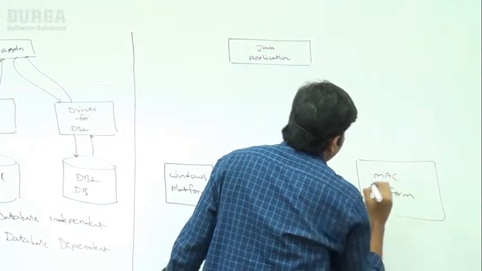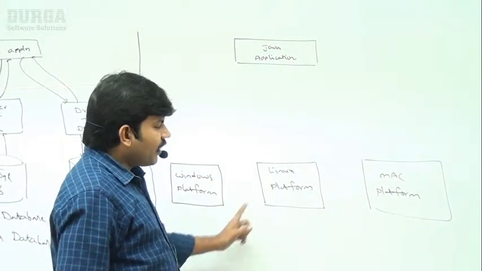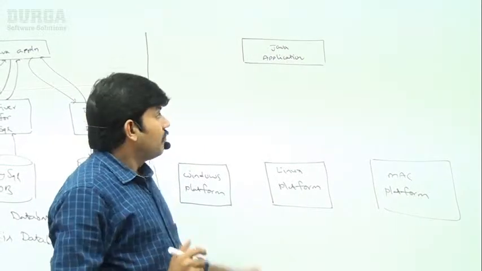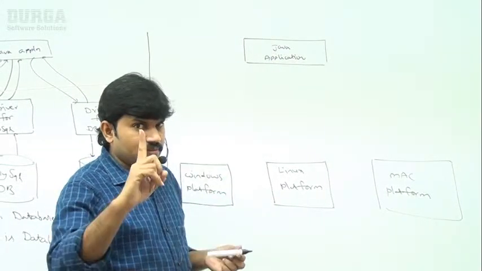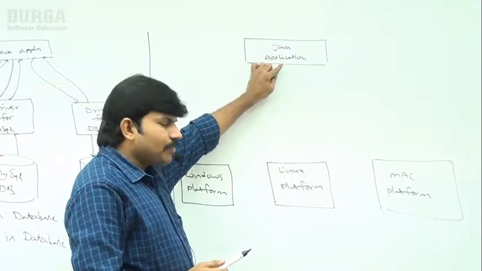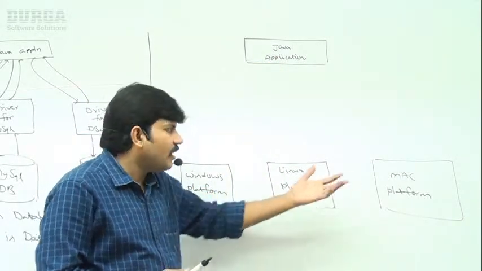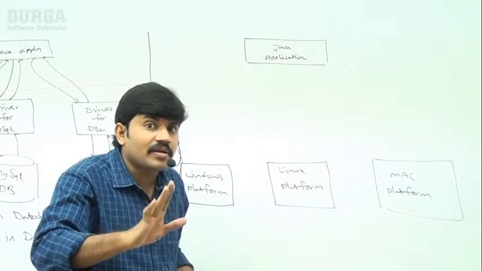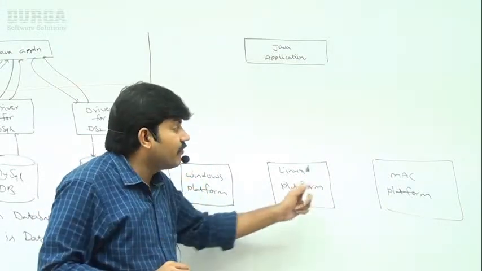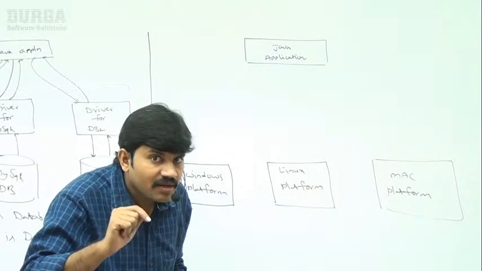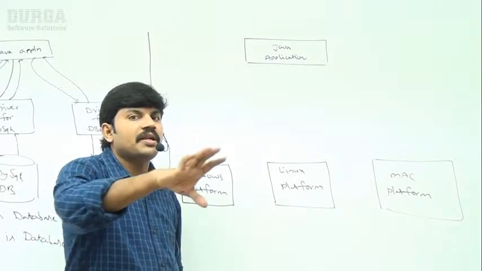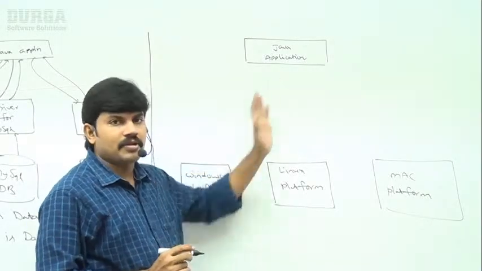Sir, have you observed how many platforms are available? 3. But how many Java applications are available? Only one, right? The same application can run on a Windows machine, Linux machine, or Mac machine. We are not required to write a separate program for every machine, because Java is platform independent. It is a platform independent language, right?